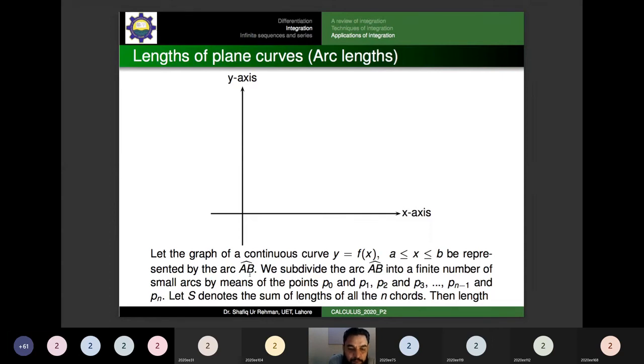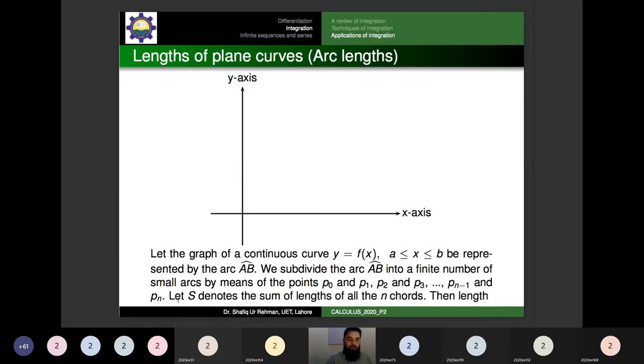Then what we do, we will subdivide this arc, or the portion of the curve, into small subarcs, small subcurves, finitely many, by means of the points P0, P1, P2, P3, and the very last one is the combination of Pn minus 1 and Pn.